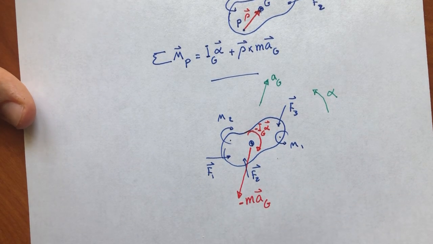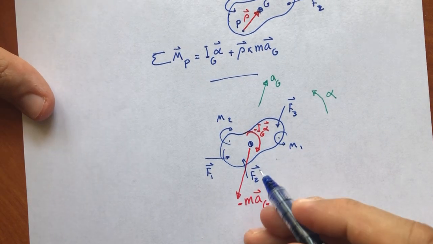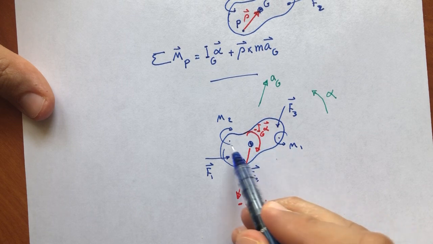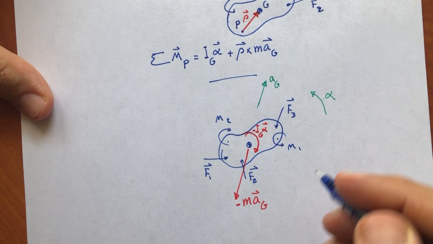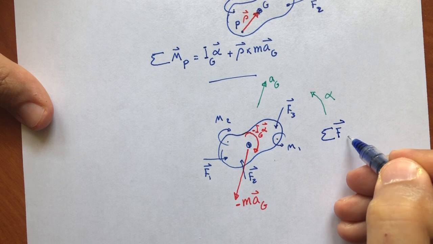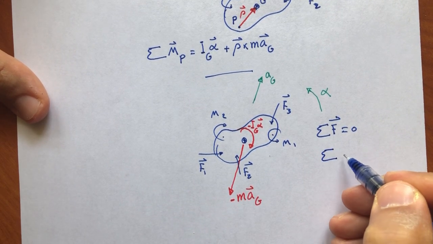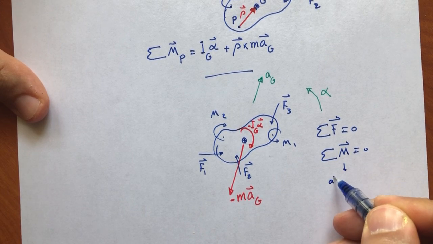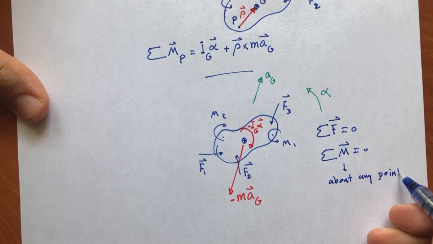If you do this, then your problem is going to be a static problem after this point. Then considering this moment among all the other moments and also this force among all the other forces, you can say sum of the forces in any direction is equal to 0, and sum of the moments about any point is equal to 0.